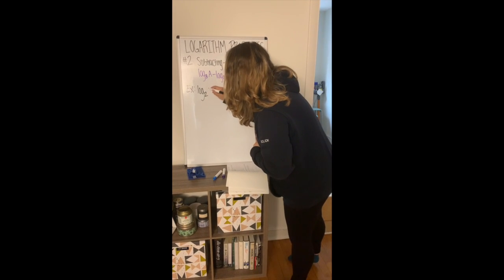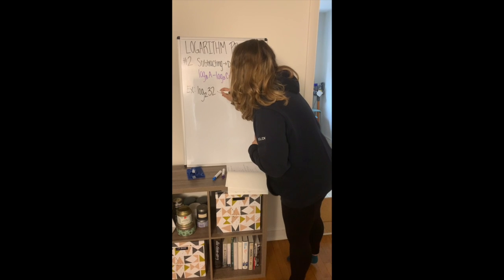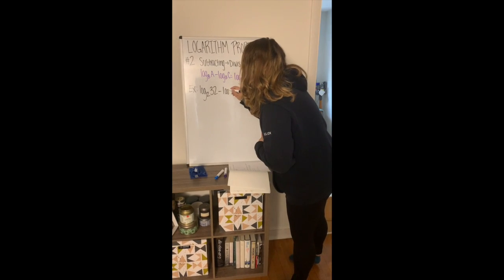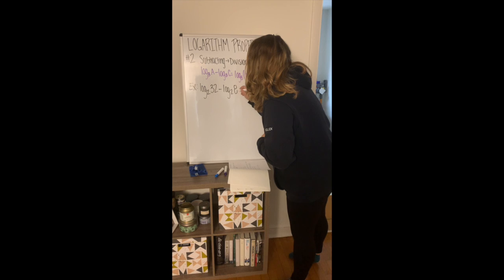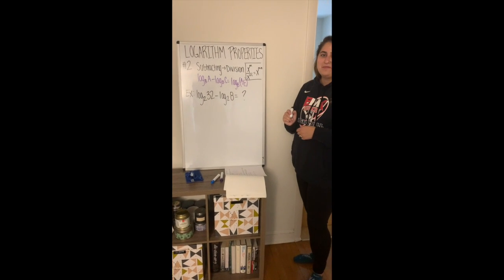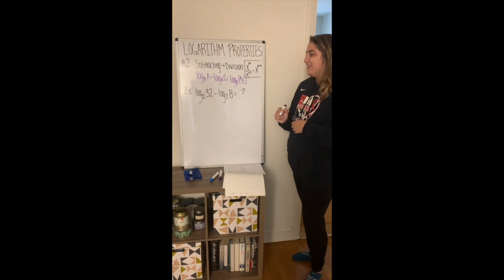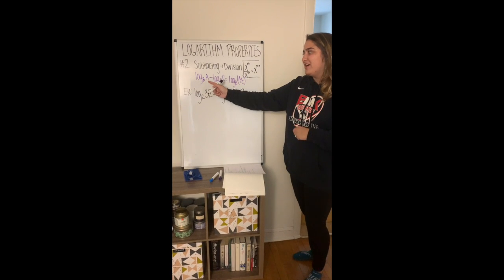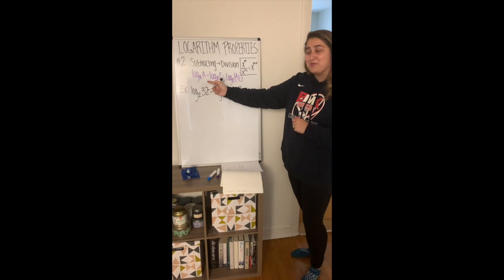So if I have log base 2 of 32 minus log base 2 of 8, what will that give me? Okay, so we now know our handy dandy subtraction rule.